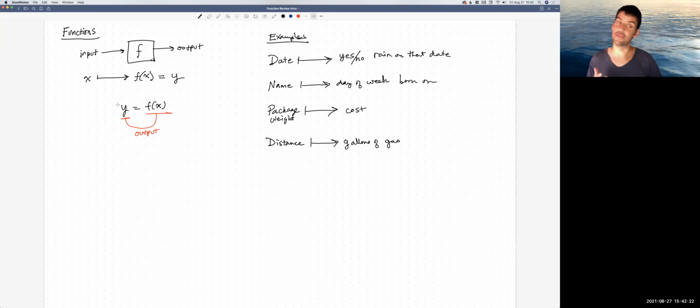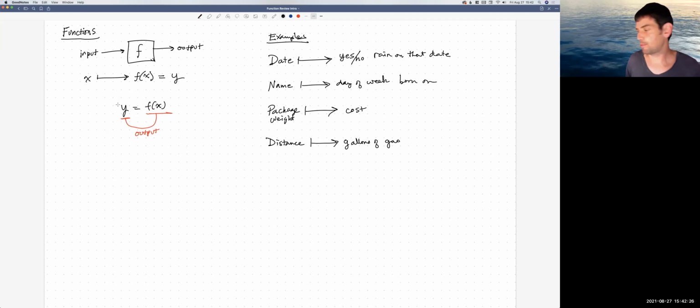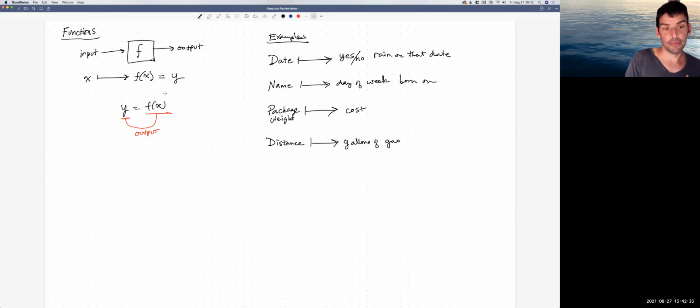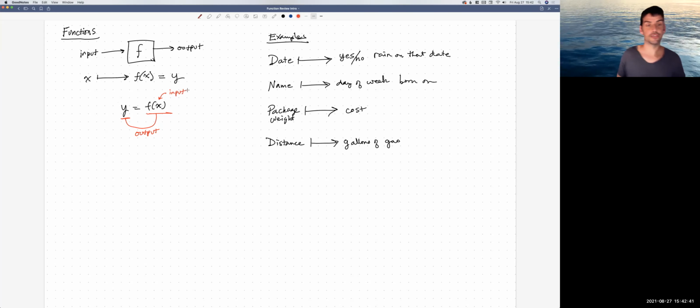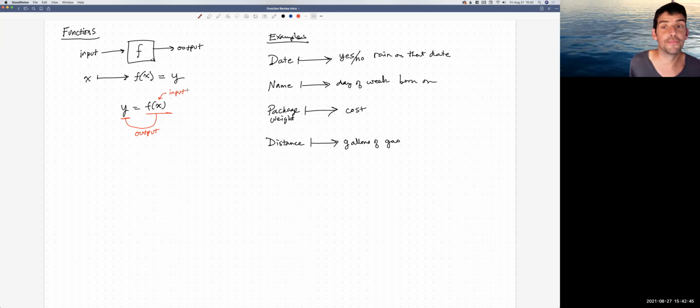Sometimes they make it separate if they want to. It's difficult to say exactly why that might happen, but sometimes it can make things clearer. Sometimes it's just the author's habit. So you have to get a little bit used to the fact that these letters might not always match. The X, again, this is our input, the X by itself, right? So these are the pieces of our function notation, okay?